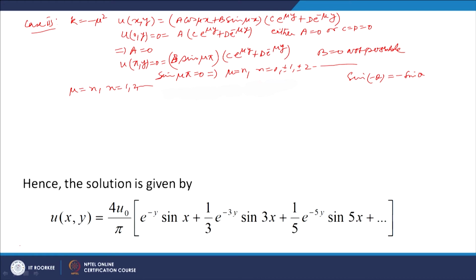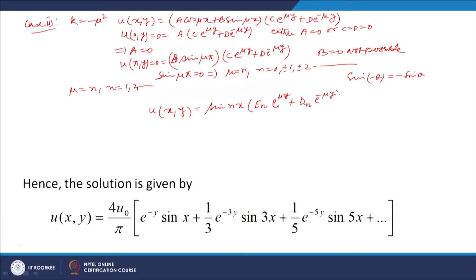Then we will have mu equal to n, and u(x,y) equal to, we had a equal to 0, b will be absorbed inside, and we will get u(x,y) equal to sin n x, mu is equal to n, and then the constants will become some constant, say e n, then e n e to the power n y plus d n e to the power minus n y.